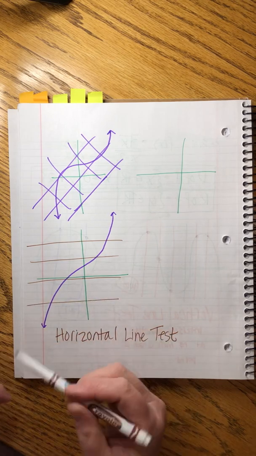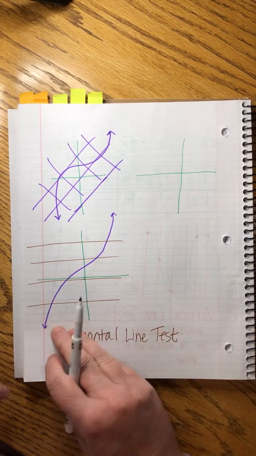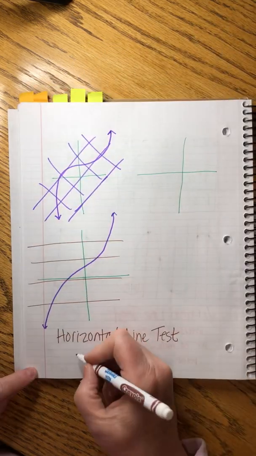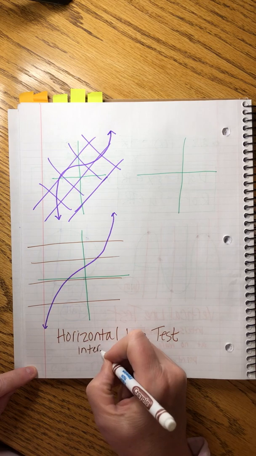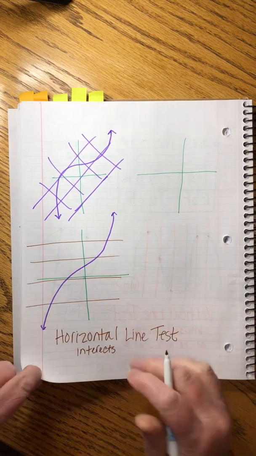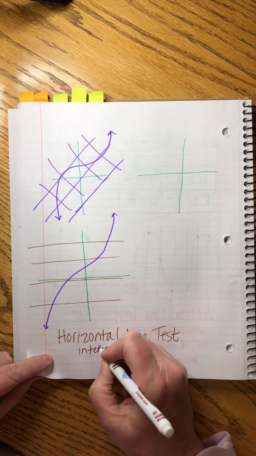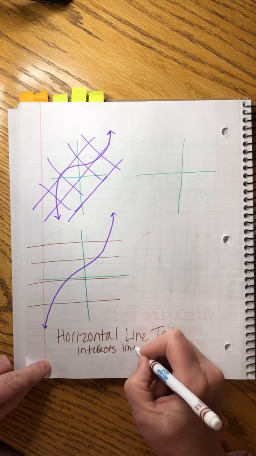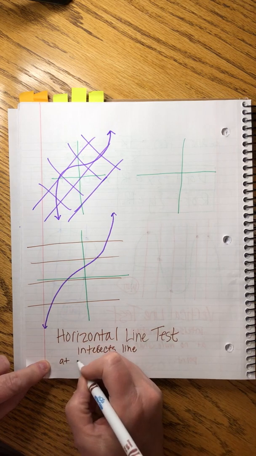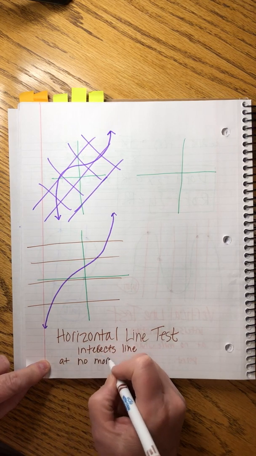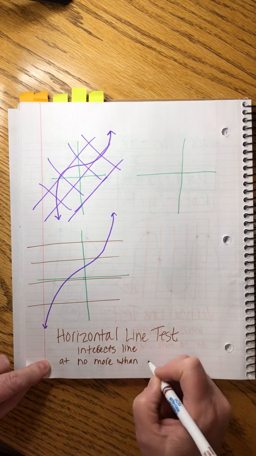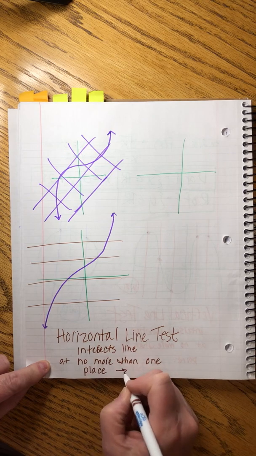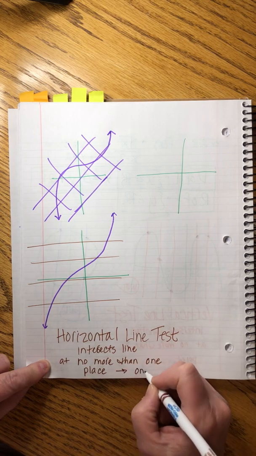It's already passed as a function, but with the horizontal line test, if this intersects the line at no more than one place, that means it's a one-to-one function.